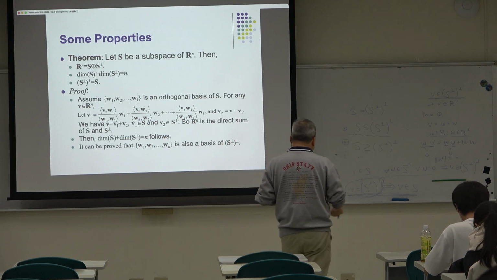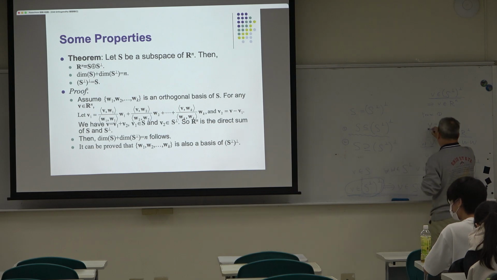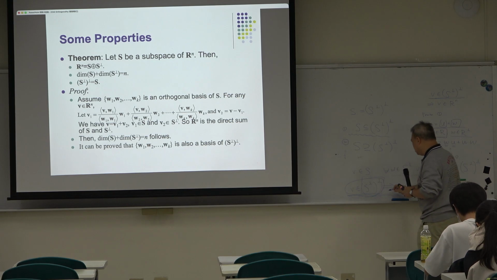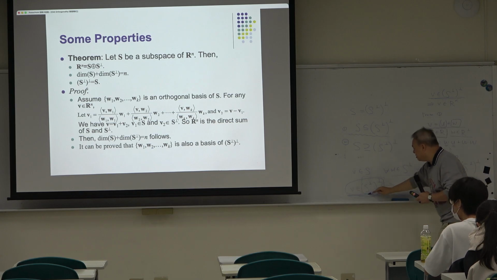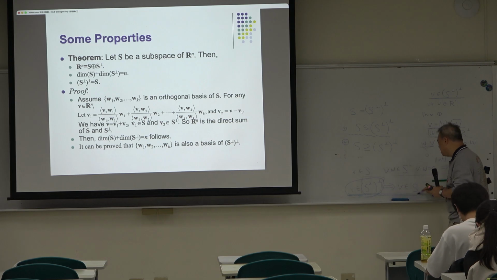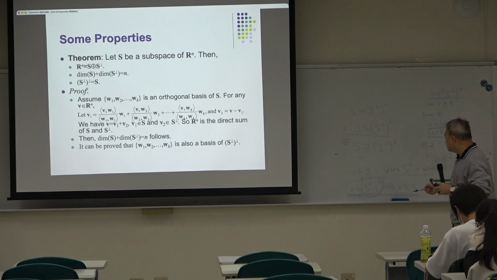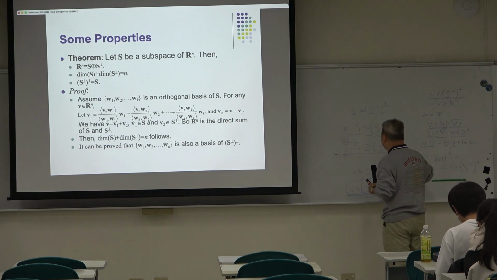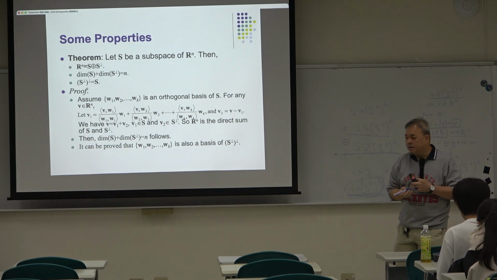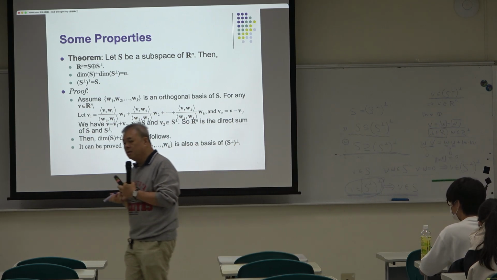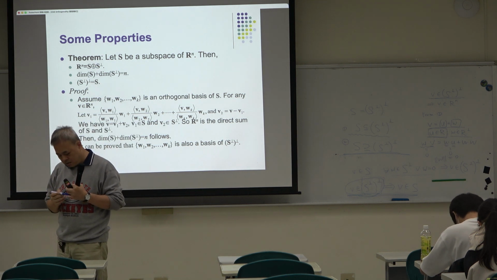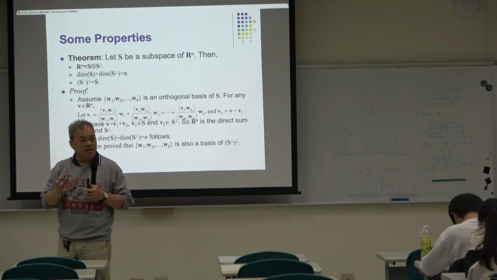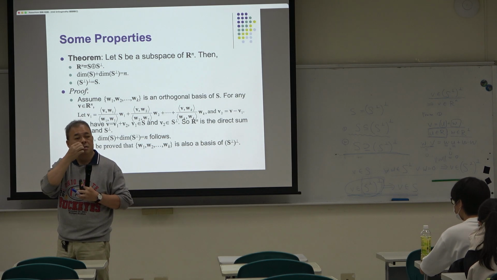So if W is a zero vector, V equals U. Then our U is an element in S, so V is an element in S. So we have the second, and we have the third statement. Is it okay? Any questions?